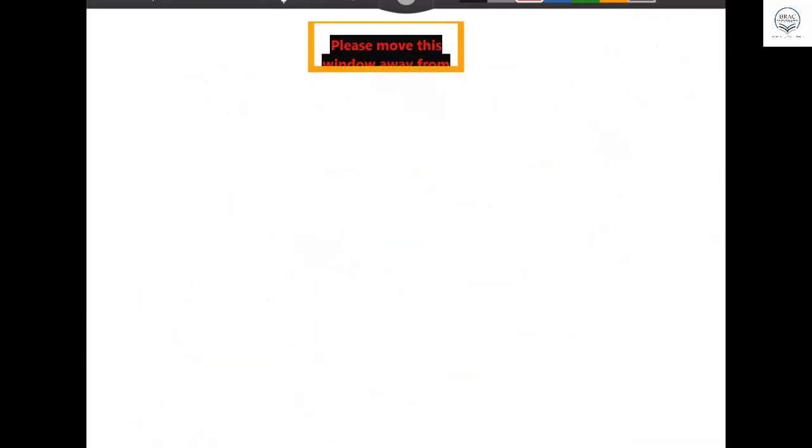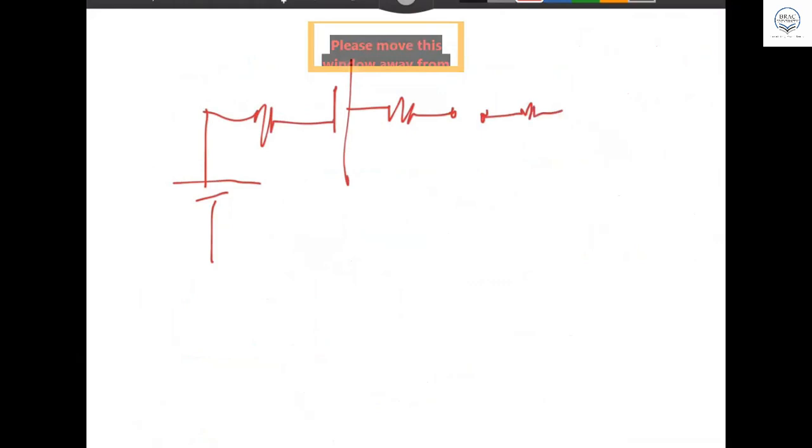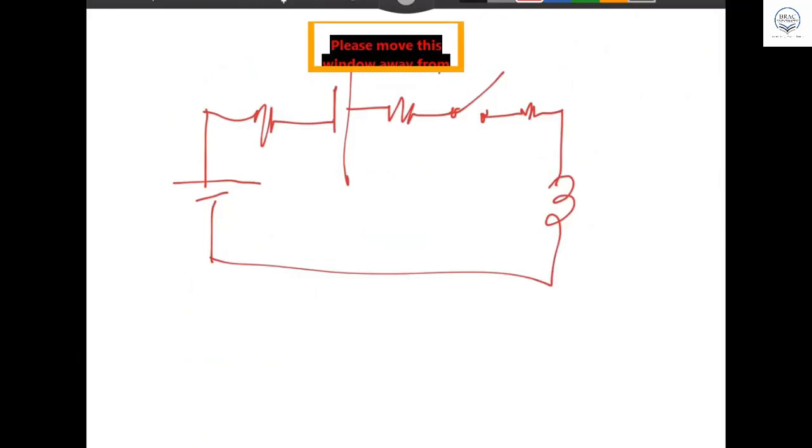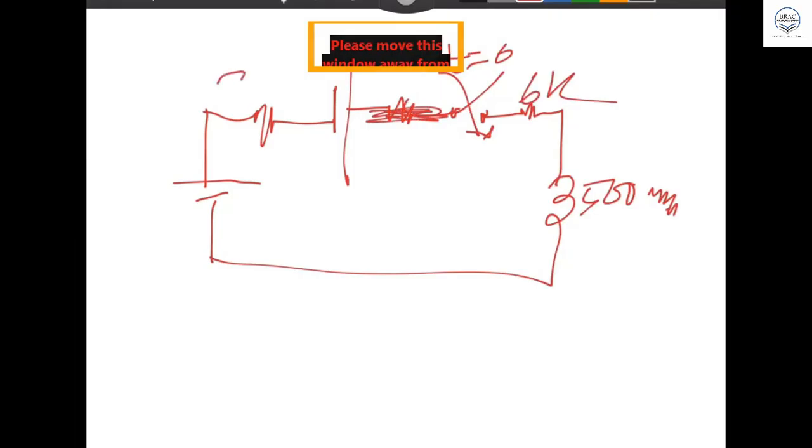That is why I told you that if this is complicated, then you cannot do it directly. Let's say I give you a problem like this: a switch is here and there is an inductor like this, 500 millihenry, this is 6k, this is a short circuit, this is 4k, this is 3 volt, and this is 40 volt.